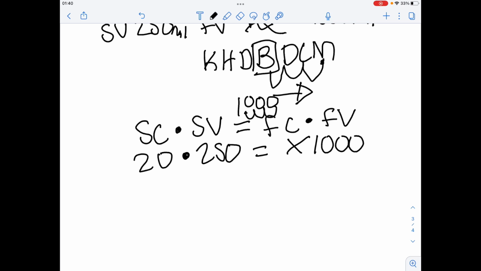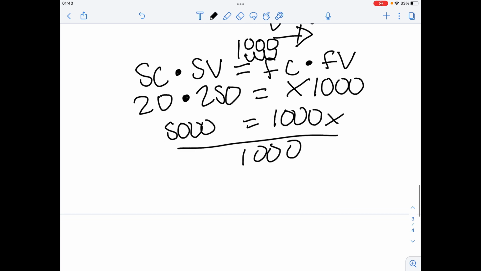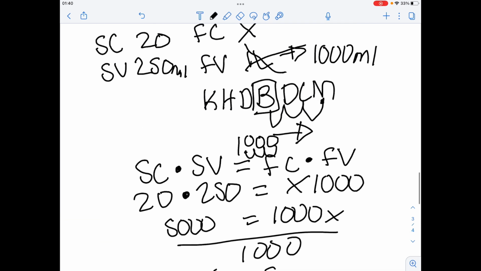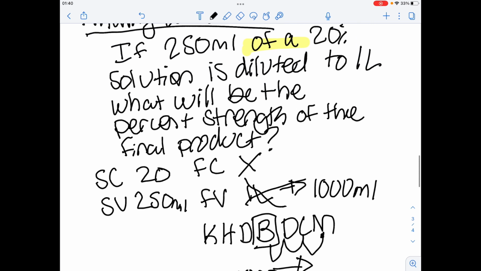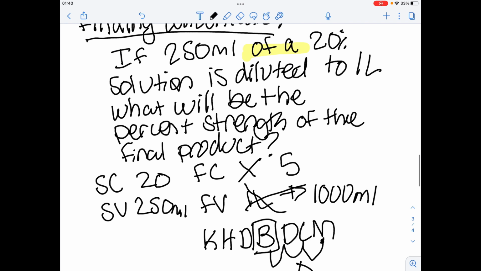If we multiply 20 and 250, we get 5,000. Divide both sides by 1,000 to isolate X, and we get X equals 5. So our final concentration would be 5. The percent strength of the product would be 5%.